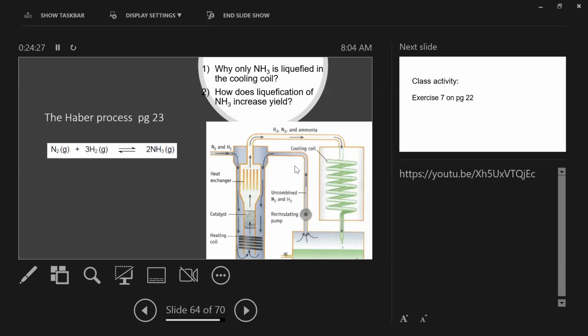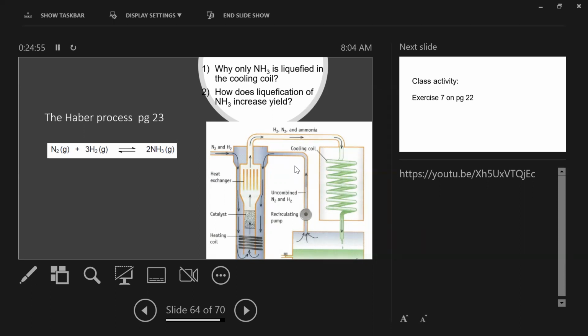So can you see why ammonia is the only one that is liquefied? Is it confusing? No? So what do you think? Which one, boiling point higher or lower? Should it be higher or lower? Anya, what do you think?